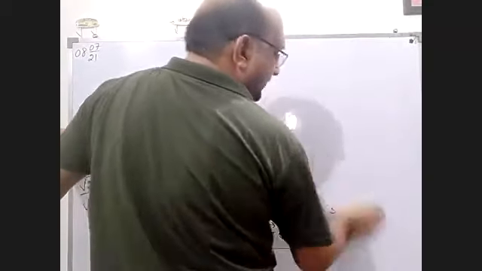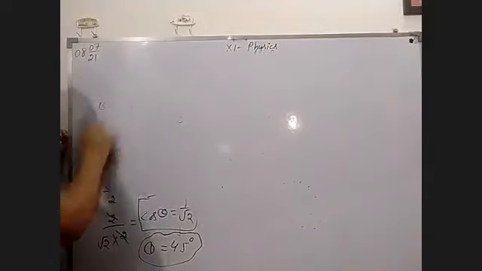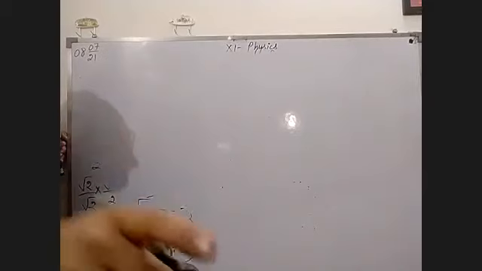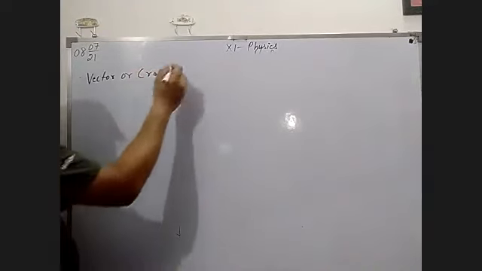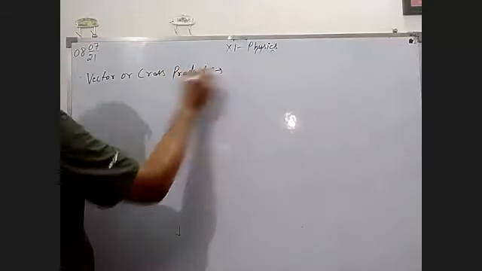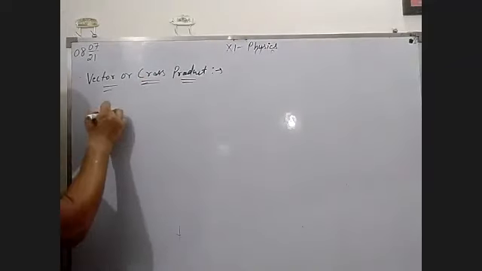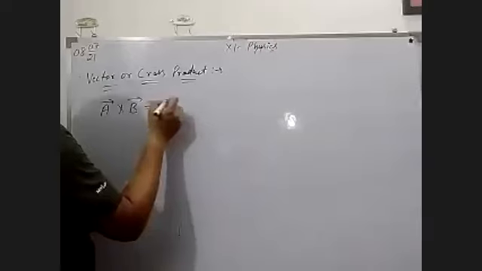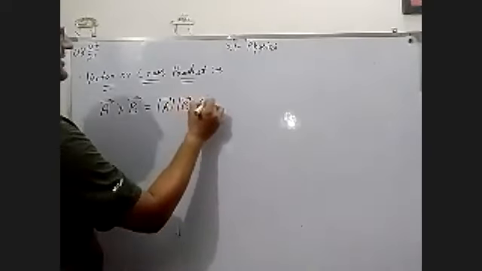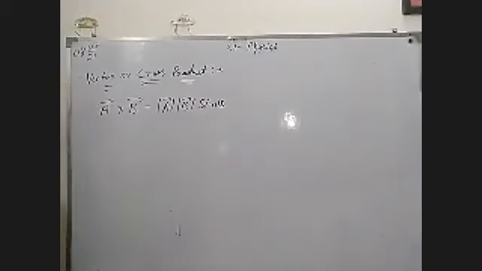Similarly, another thing is the vector product or cross product. Vector A magnitude, vector B magnitude, sine of the angle between them.